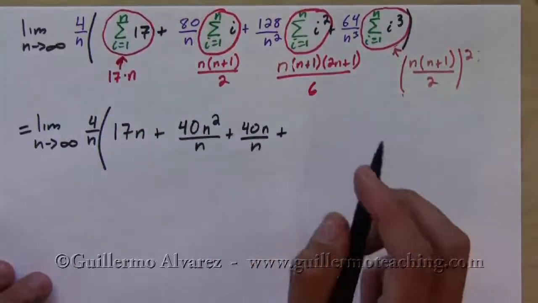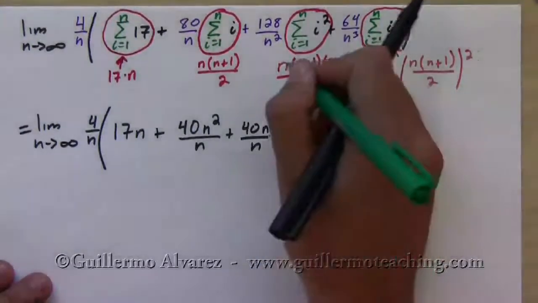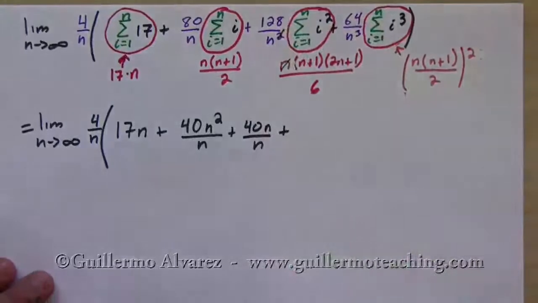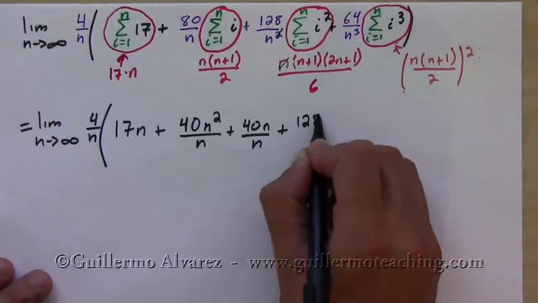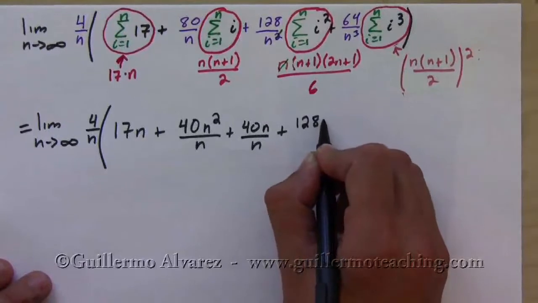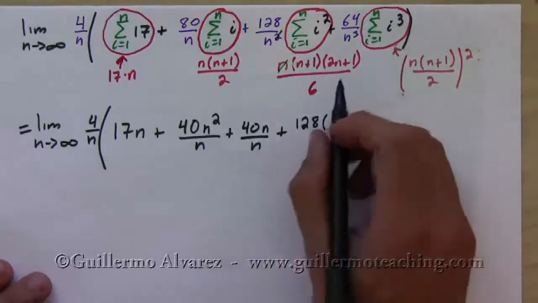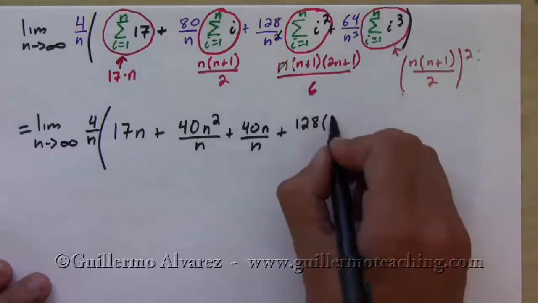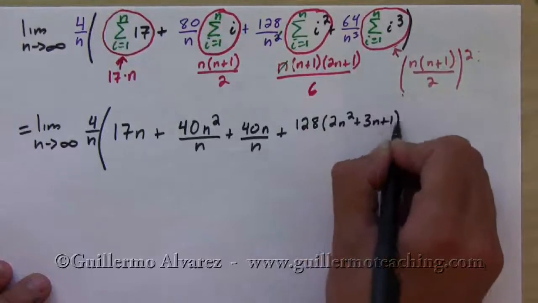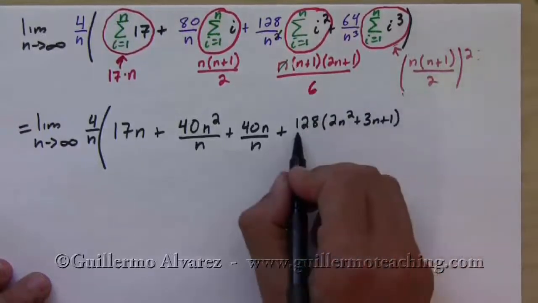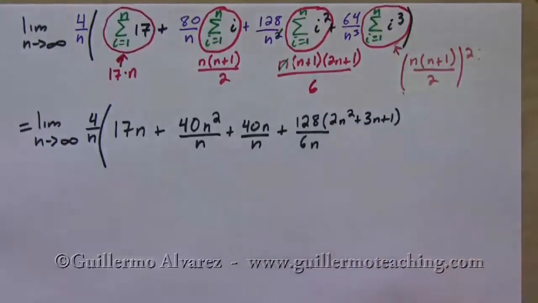Okay, and then plus, here notice that this n is going to cancel with one of these, and that saves me some work. So what I'm going to have is 128 times, if I distribute everything, 2n squared plus 3n plus 1 over 6n.